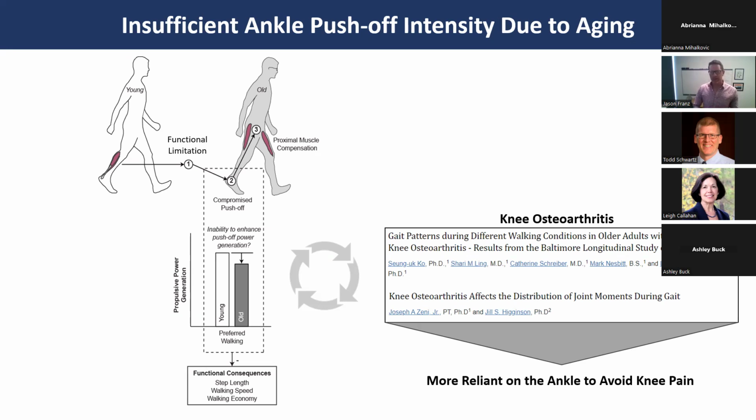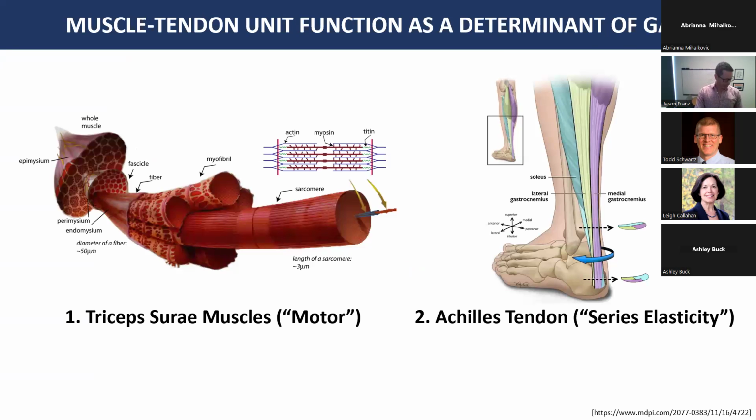And so I want to start thinking about this negative feedback loop where individuals with knee osteoarthritis are now relying more on the muscles that we already know aren't going to be there to catch them if they need that type of support.